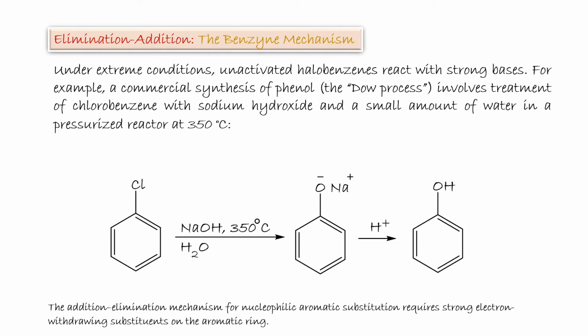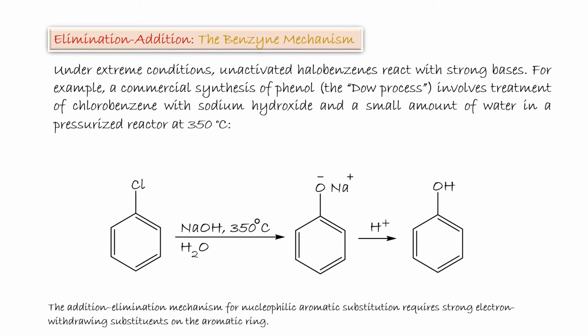The addition-elimination mechanism for nucleophilic aromatic substitution, as we saw, requires a strong electron-withdrawing substituent on the aromatic ring, ortho or para to the leaving group. However, under extreme conditions, unactivated halobenzenes react with strong bases.